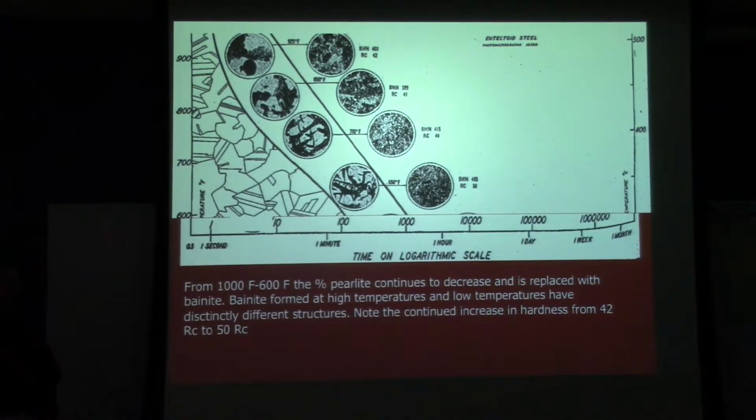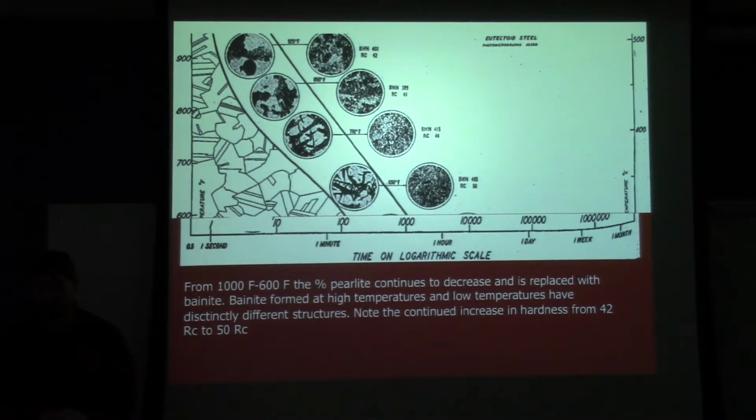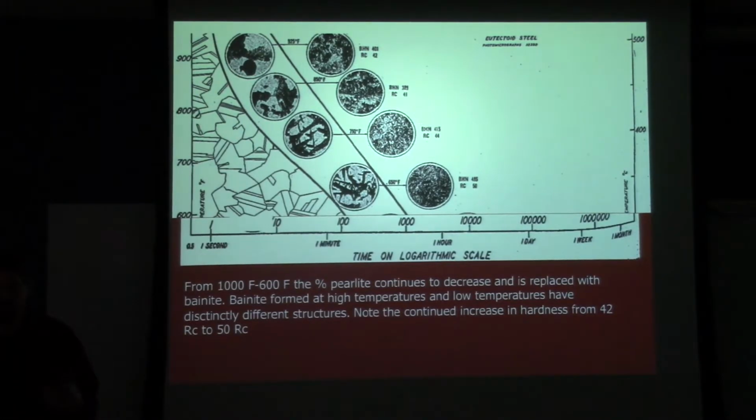Usually that's accomplished by quenching into molten salt. You can get salts of different compositions that have different melting temperatures. So it's relatively easy to have very uniform temperature control at very precise temperatures, and so it allows you to really dial in your process for the alloy and the outcome that you want.